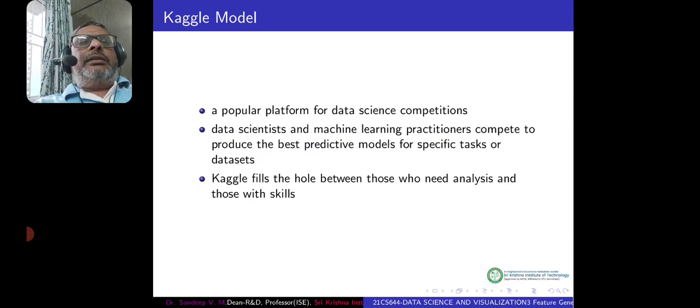There are some people who have data and need analysis, but they lack the skills. On the other side, those who have skills may not have the opportunity to work with any data. So Kaggle is a wonderful platform that links these two worlds.